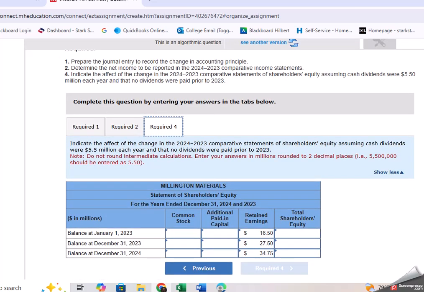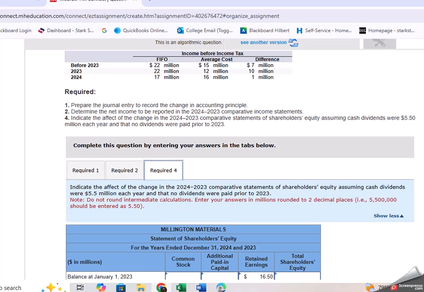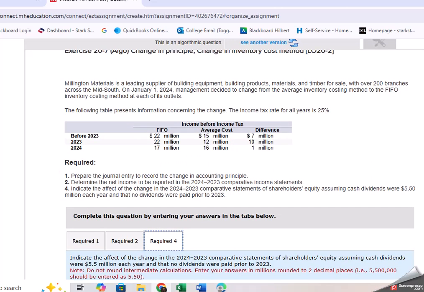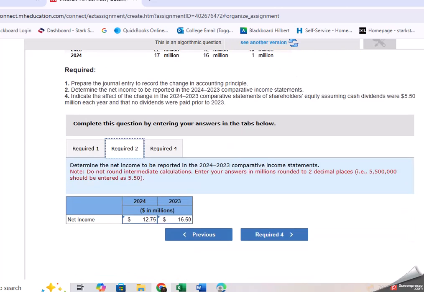And then requirement number 4 says indicate the effect of the change on the 2024 and 2023 comparative statements, assuming cash dividends of 5.5 million each year, and there were no dividends paid prior to 2023. So then our retained earnings balance, let's see, do we have it starting?